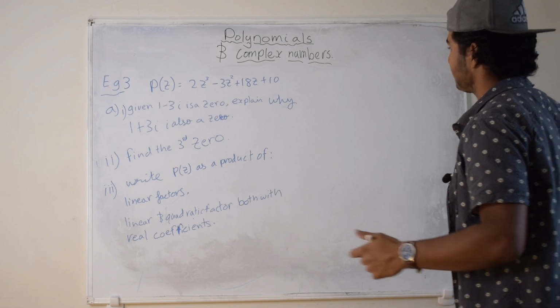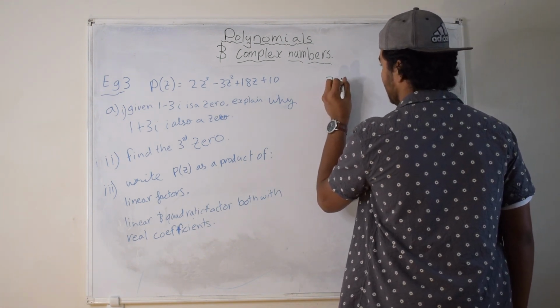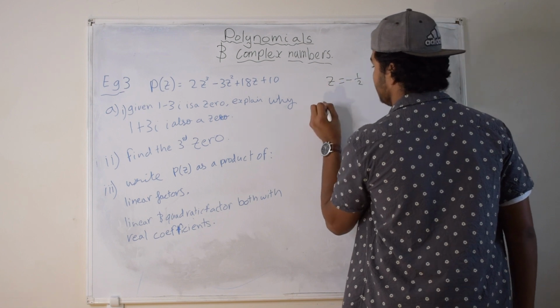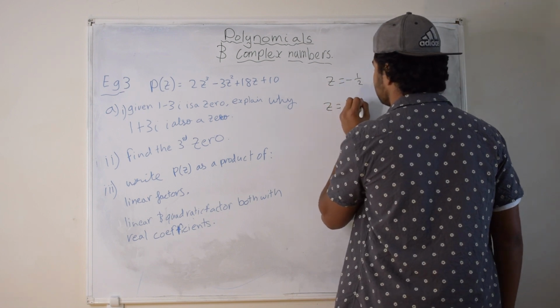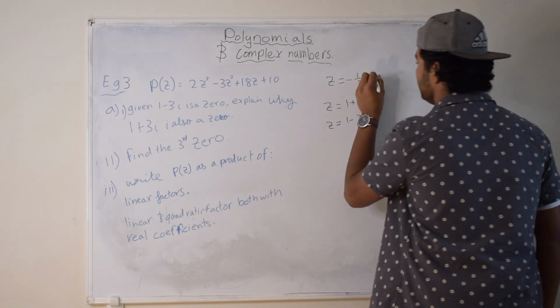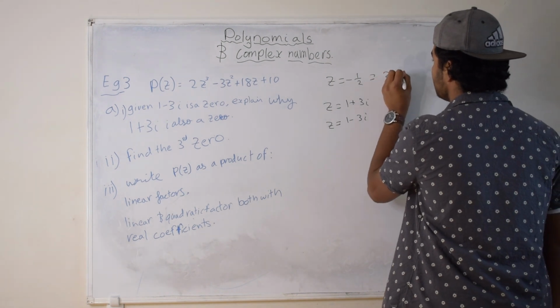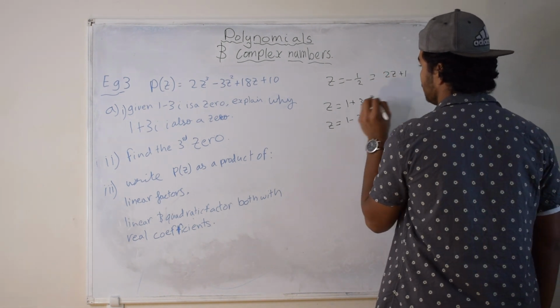Linear factors. First root we have z equals to minus 1 upon 2. We have z equals to 1 plus 3i, and the third one is z equals to 1 minus 3i. Rewrite this, we have 2z plus 1, first root.